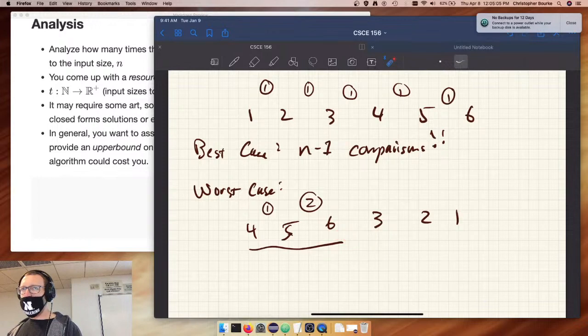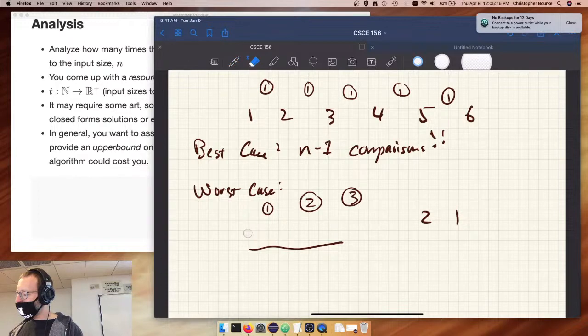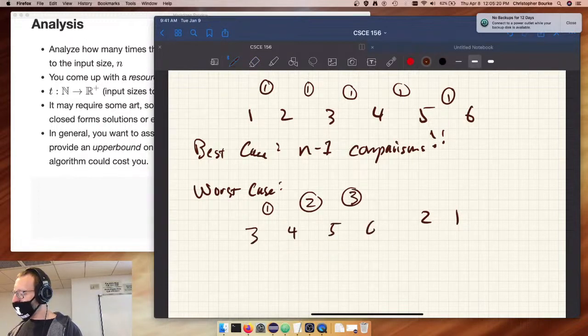3 is, there's 1 comparison, 2 comparisons, 3 comparisons to realize you need to put it at the front of the list. So, 3 comparisons, and now we have 3, 4, 5, and 6, and this is now sorted. Without me rewriting everything, predict how many comparisons to put 2 where it needs to be? 4.